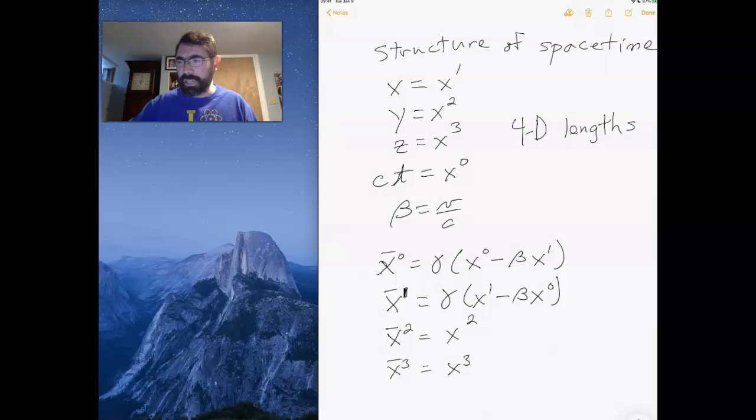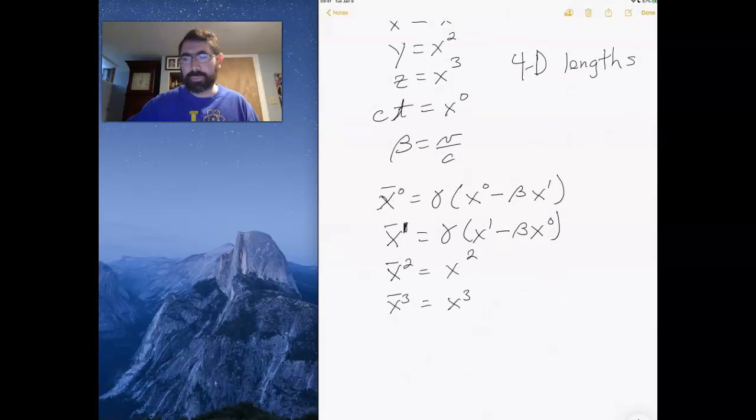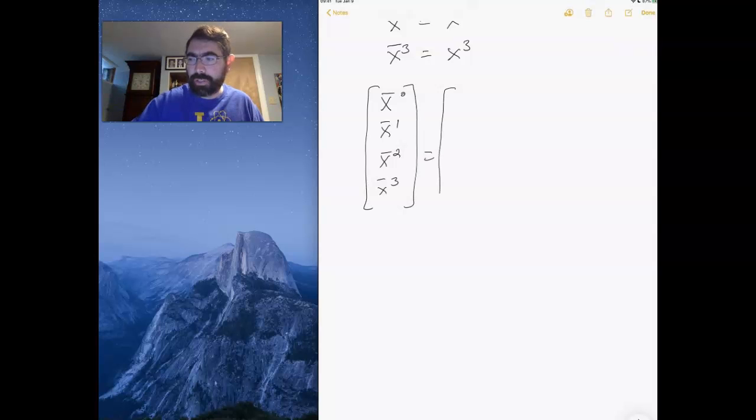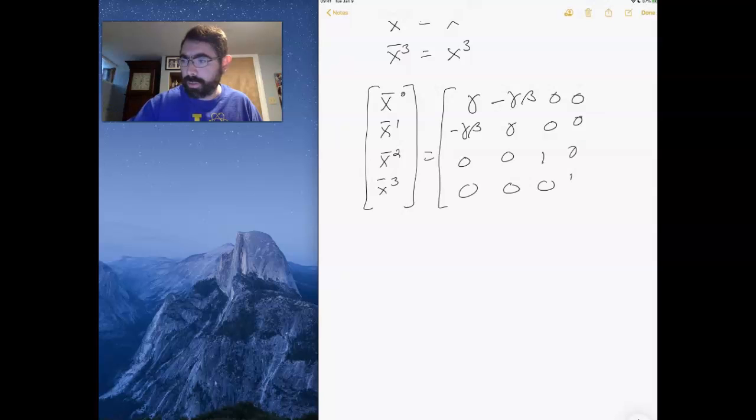Okay, writing it this way, I can now write it down in matrix form, where we now have all of the x bars as a vector, and then I have a transformation matrix times my vector in the other frame. Like so.